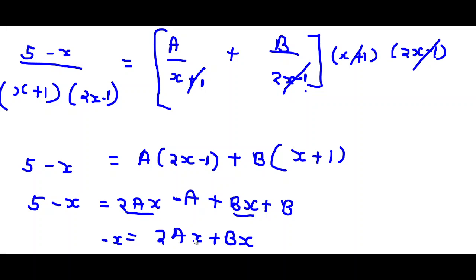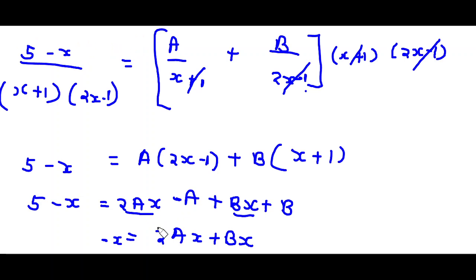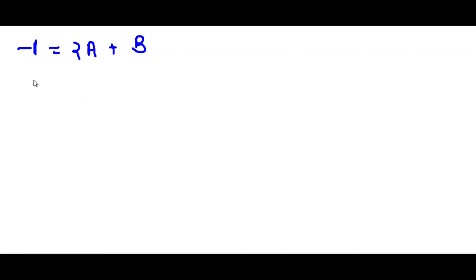So we can also get rid of this x and say that negative 1 equals to 2a plus b. It's as simple as that. So let us go back again and see which other values are similar here. You can see that negative a and b are the only ones left. So we can say that negative a plus b equals to 5.